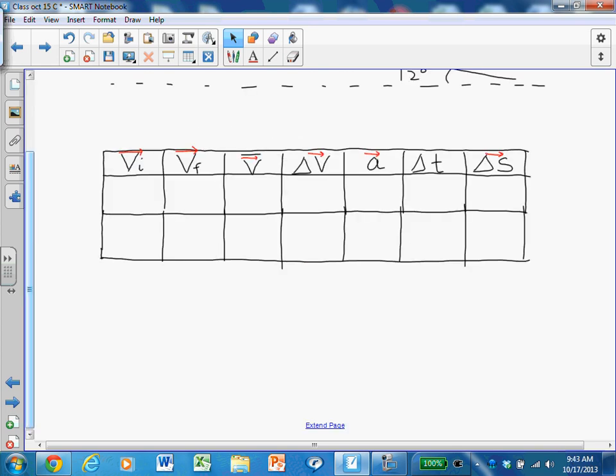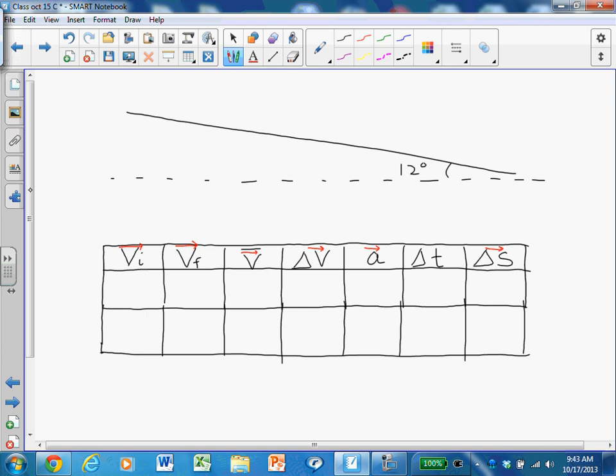All right, so A parallel to the plane. I showed it through similar triangles, right? Remember that? It's what we call A parallel, just because it's parallel to the plane. That equals g sine theta, right? So g is what?